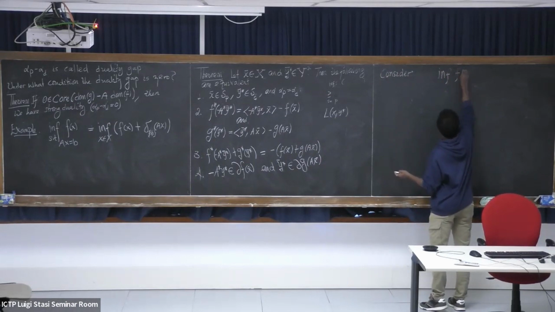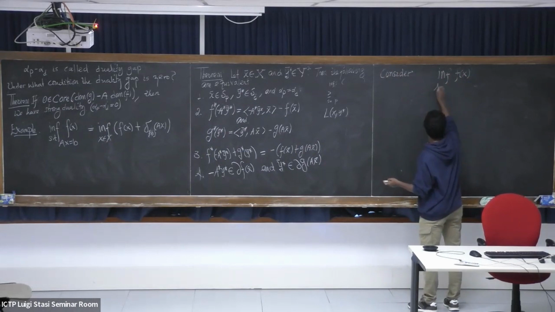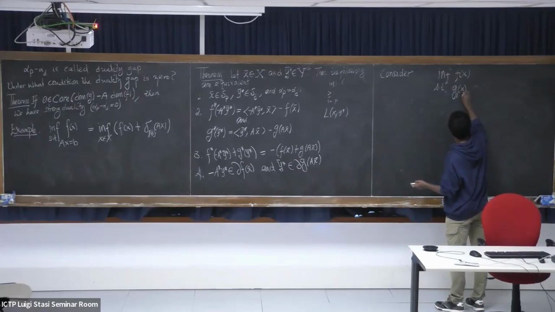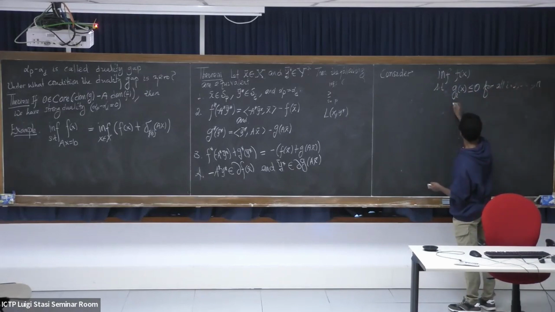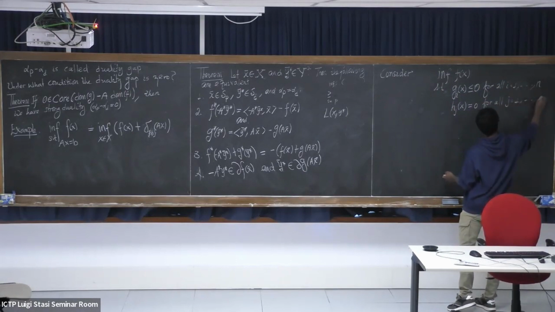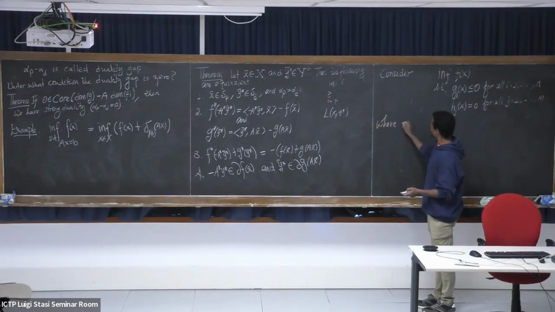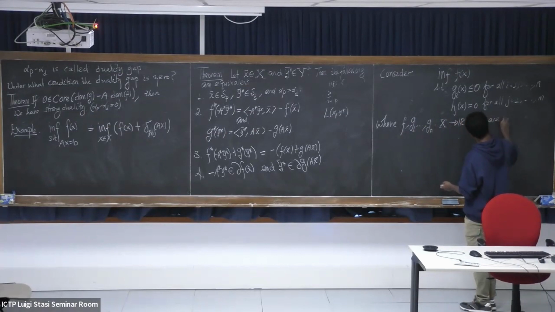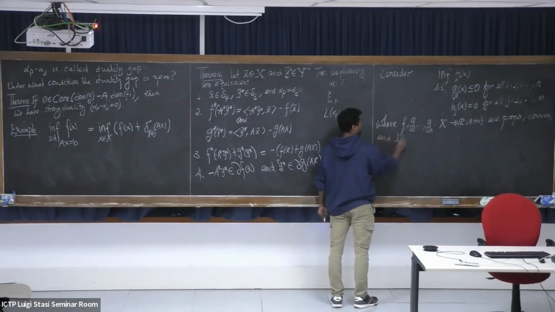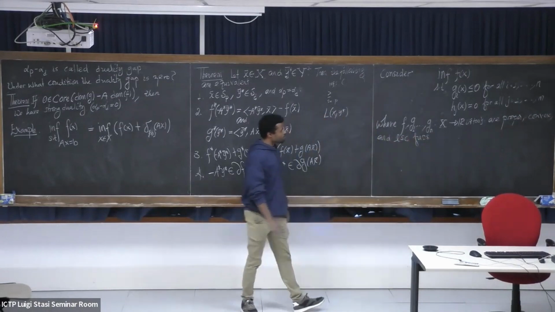The infimum of f of x subject to g_i of x less than or equal to 0 for i from 1 to n, h_j of x equal to 0 for all j from 1 to m, where f, g_1 up to g_n are proper, convex, and lower semi-continuous functions.